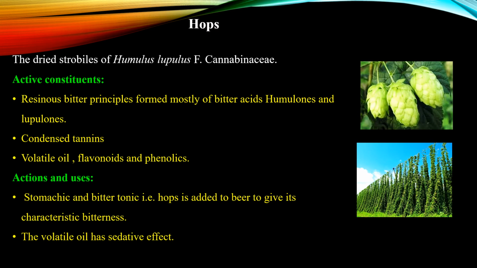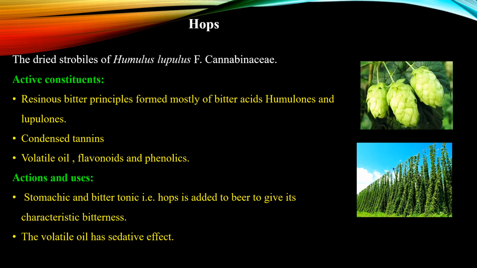The hops fruit, Arabic name Hashishat ad-Dinar, is the dried strobiles of Humulus lupulus, family Cannabaceae. This is the grown strobiles of Humulus lupulus and a field of hops plant.